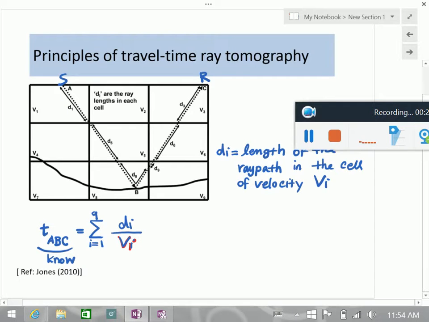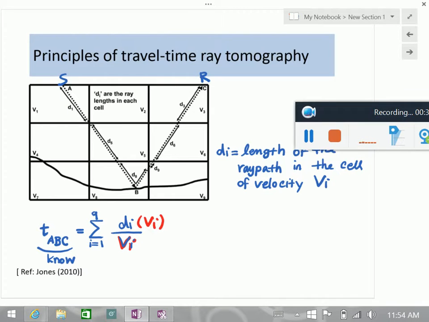But di depends on vi. So this looks simple, but basically we don't know much. Even for this simple 9 cell, we have 1 data, and we have at least 9 unknowns. So that's why when I said limited measurements, this is what it is.